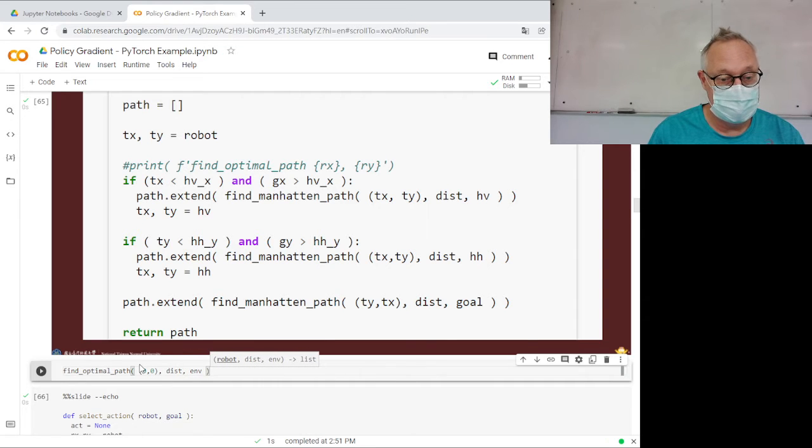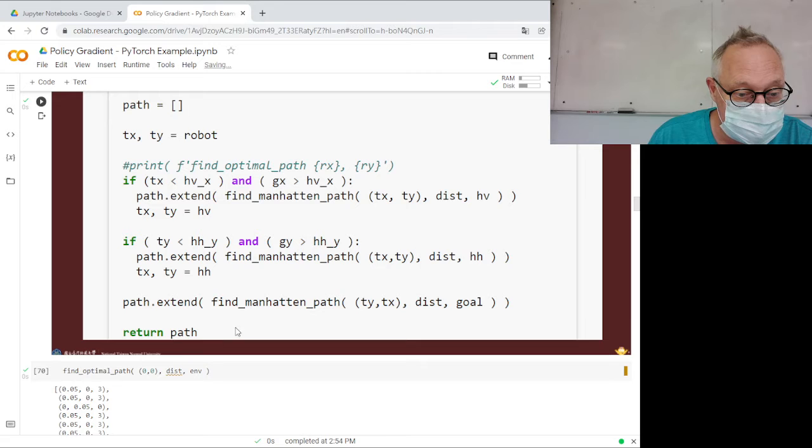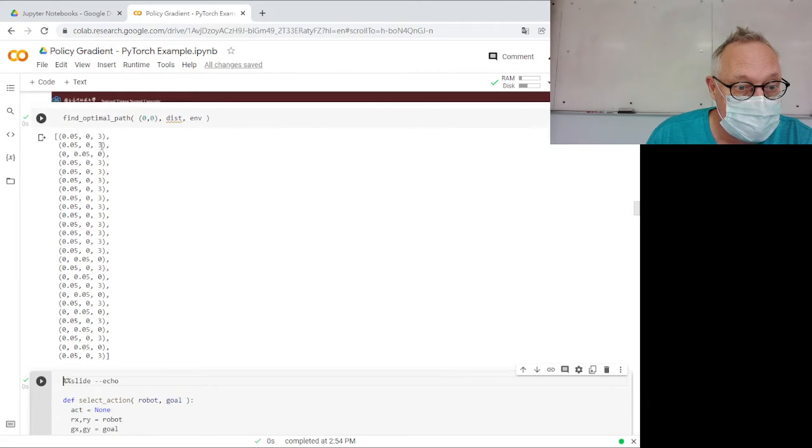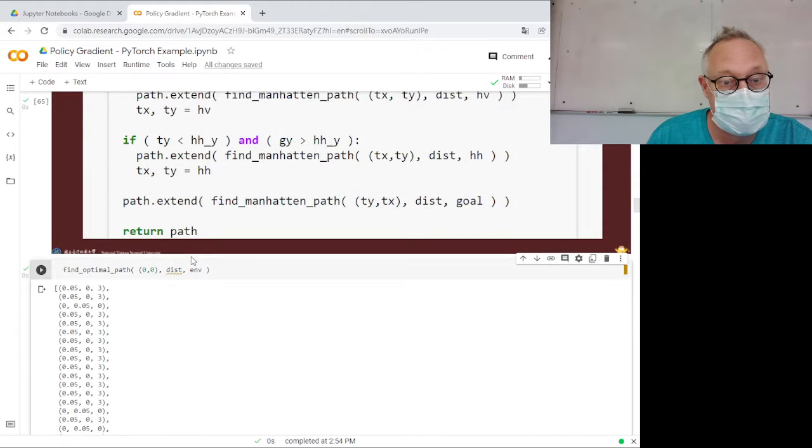And here's our environment. One, two, three, four, five, six, 7, 8, 9, 10, 11, 12, 13, 14, 15, 16.